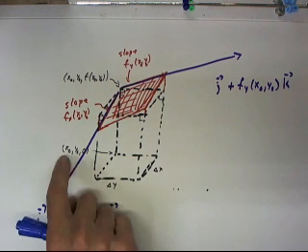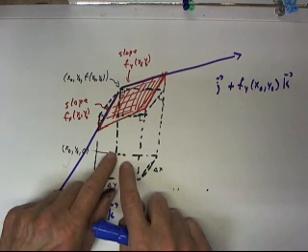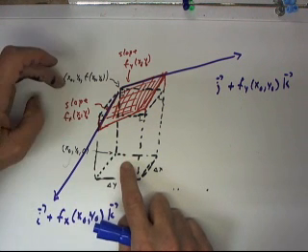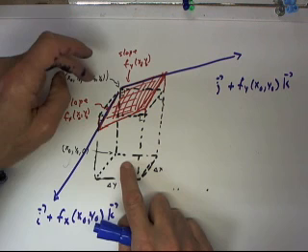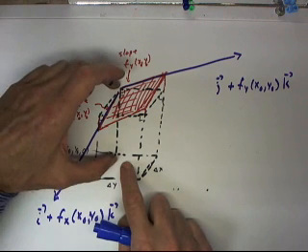So given a point x0, y0, 0 in the xy plane, we can find the point x0, y0, f of x0, y0.